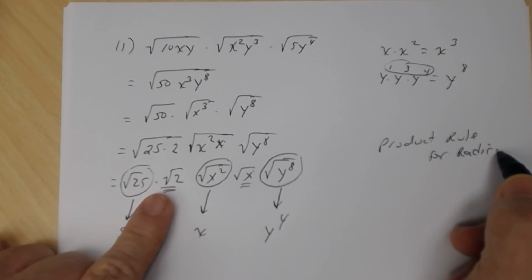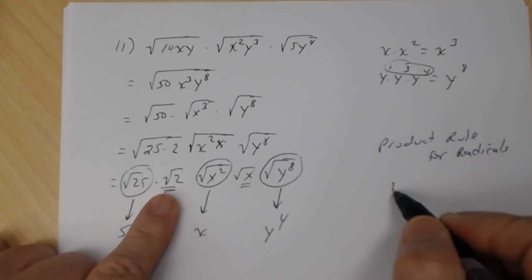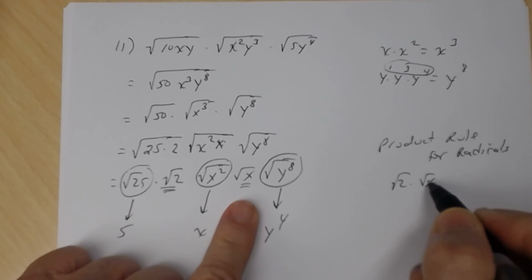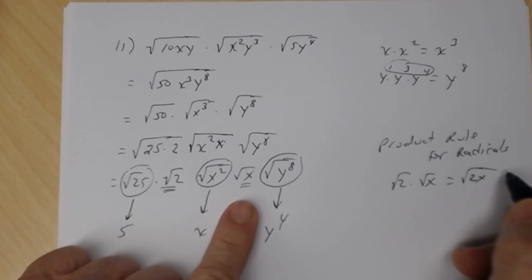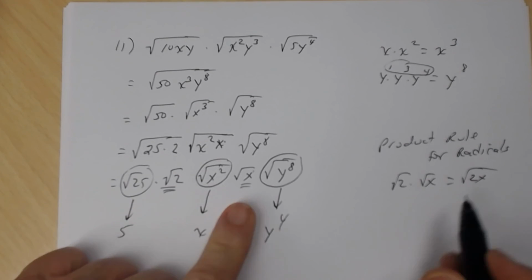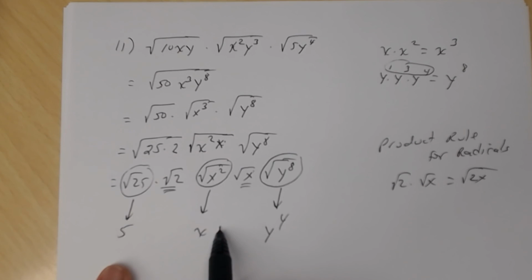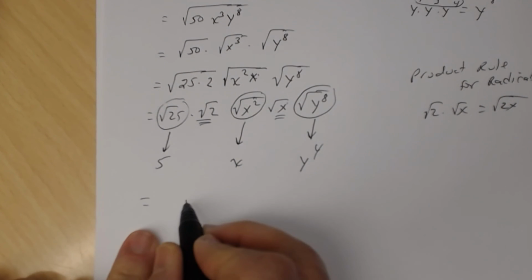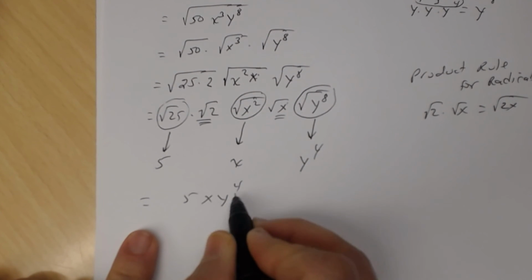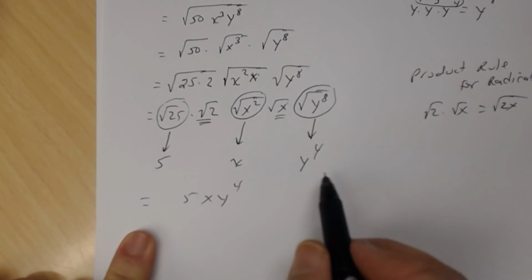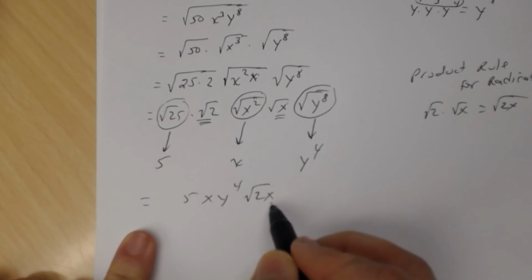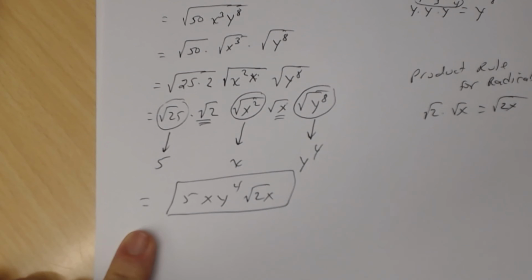And so you're going to say that the square root of 2 times the square root of x is the square root of 2x. And so this becomes, remember all these are products, 5 times x times y to the 4th. So our answer is going to be 5x y to the 4th times the square root of 2x. And so that's your answer there.